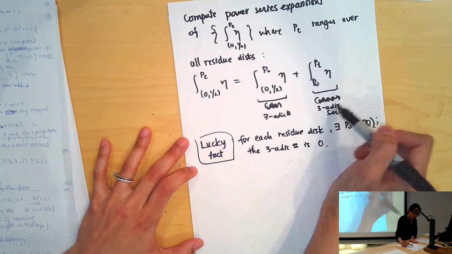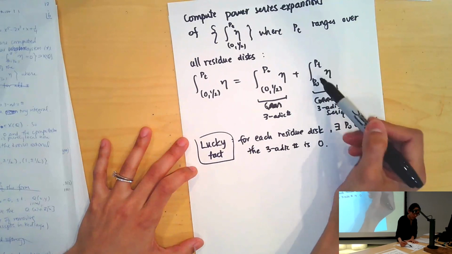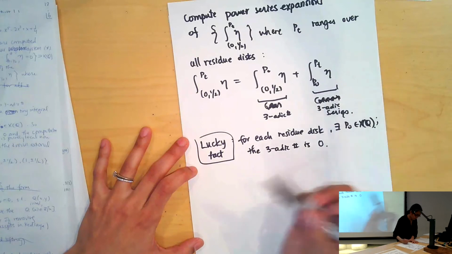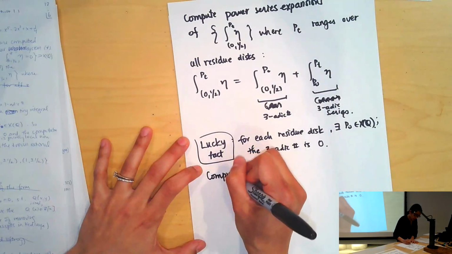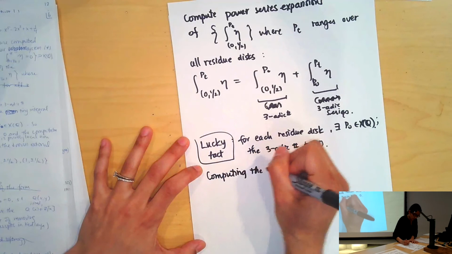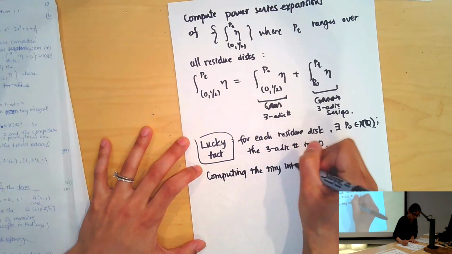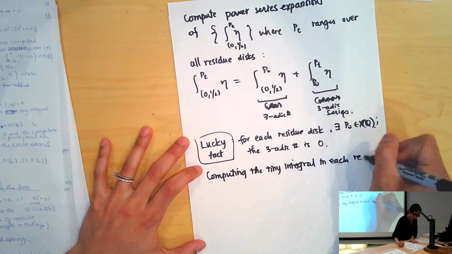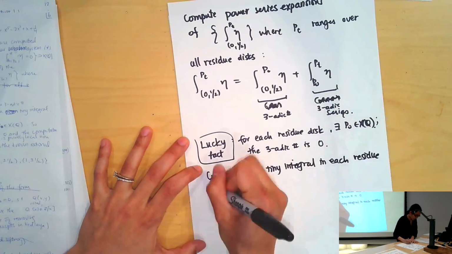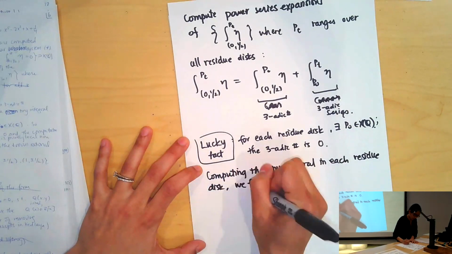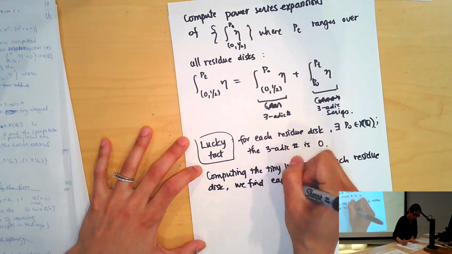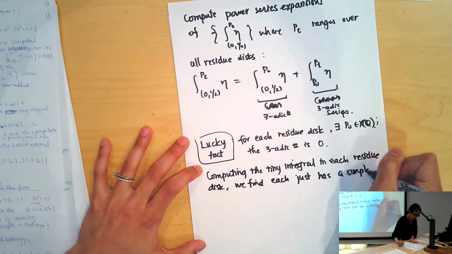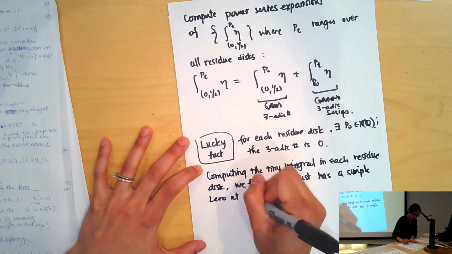So now we just have a local computation, writing down a uniformizing parameter at that rational point, and then computing this tiny integral. So computing the tiny integral in each residue disk, we find each just has a simple 0 at the known rational point.